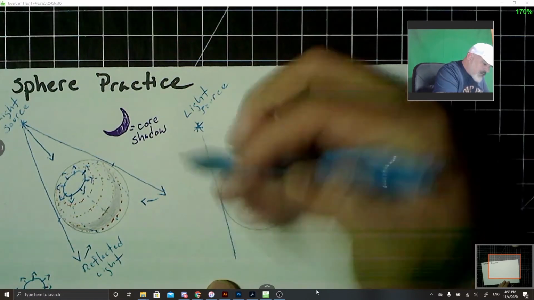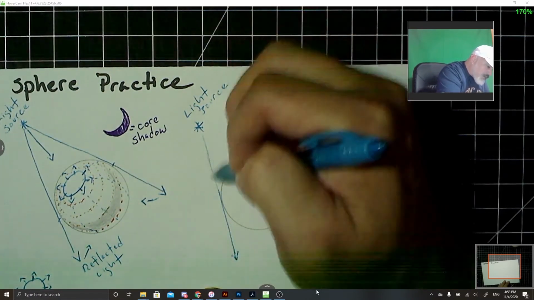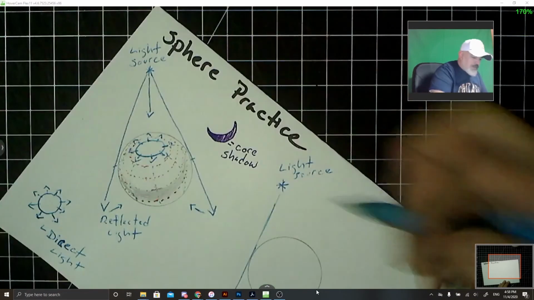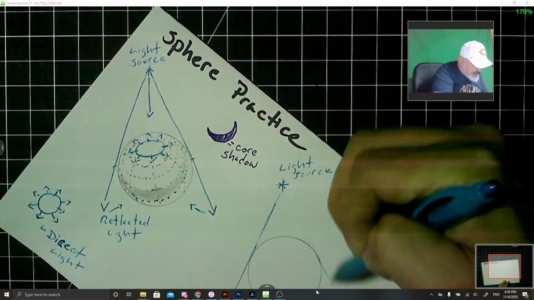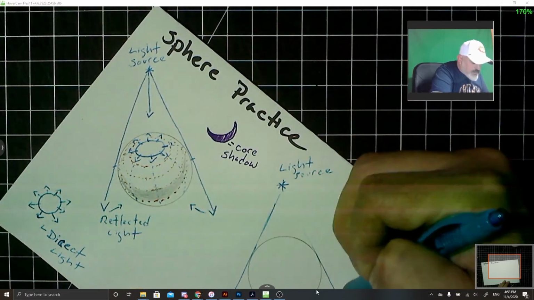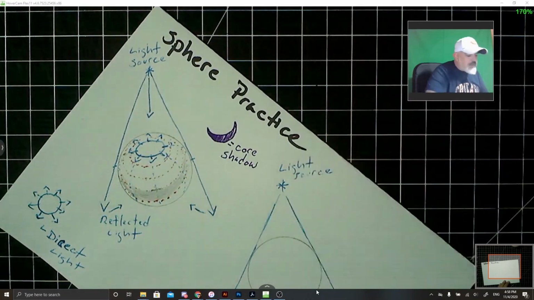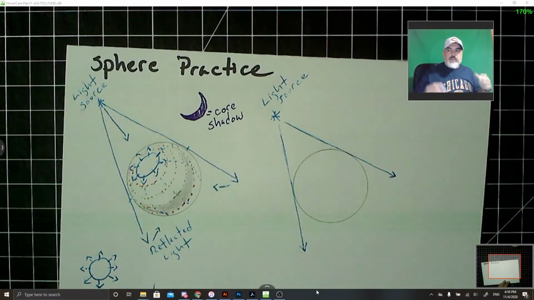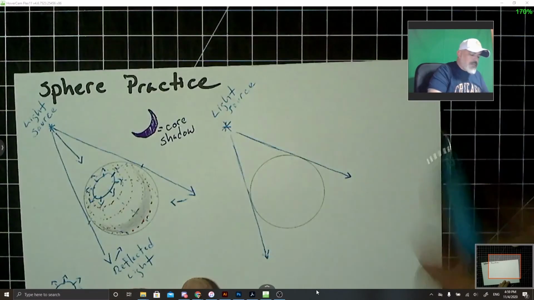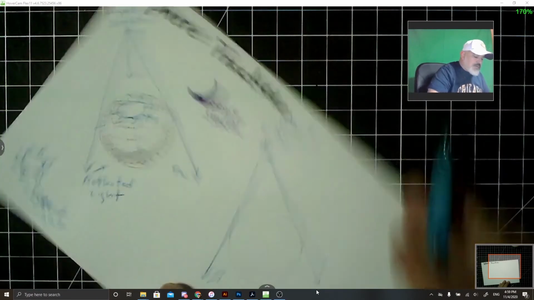Now when you're rendering, you're not going to draw all of this. This is just for note taking. Okay. So I'm going to do another video where we render the sphere, I'm sorry. But when we do it, you're not going to have all these notes. What I do generally do though, unless I'm trying to do a really nice presentation one, like the final, I tend to put my light source in.